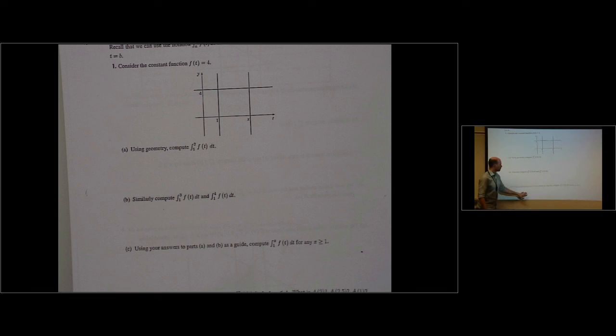But then you're going to try and come up with a function that depends on x, the upper bound. As the upper bound changes, the area changes. I want you to come up with a function, some formula that's going to compute this given any x. That's your job.